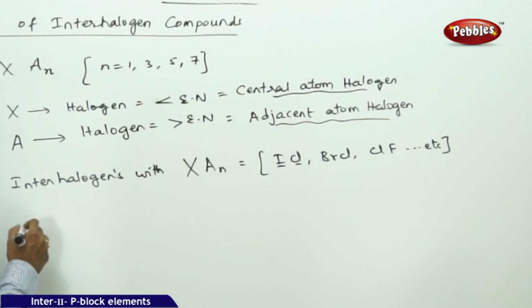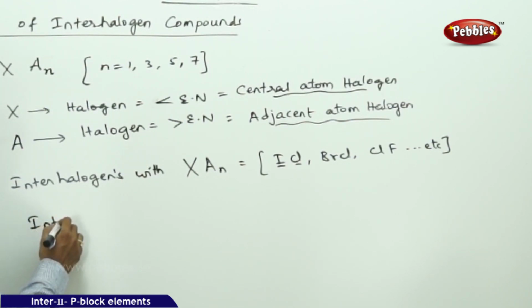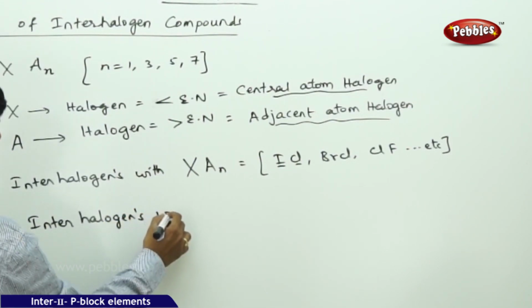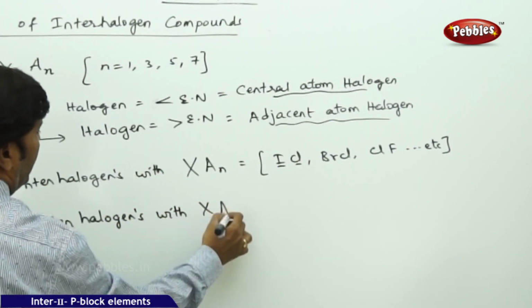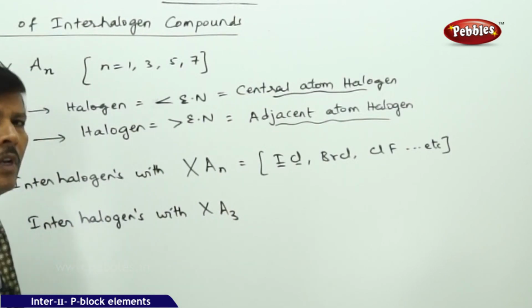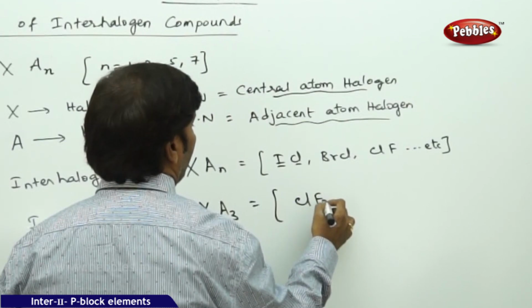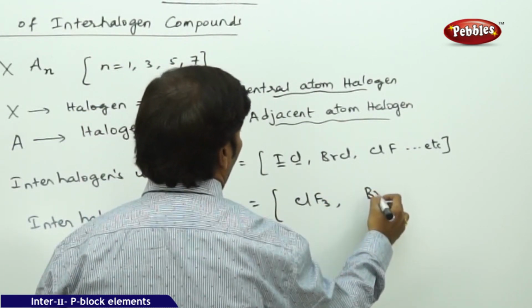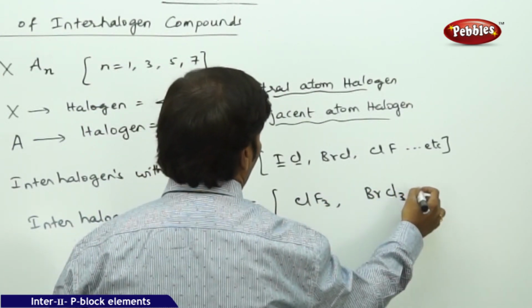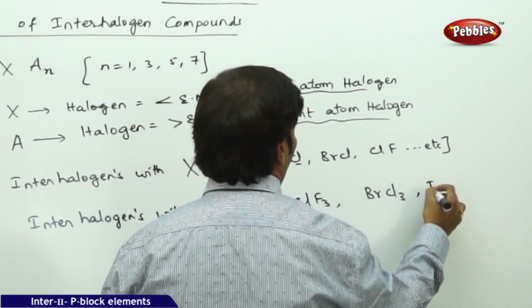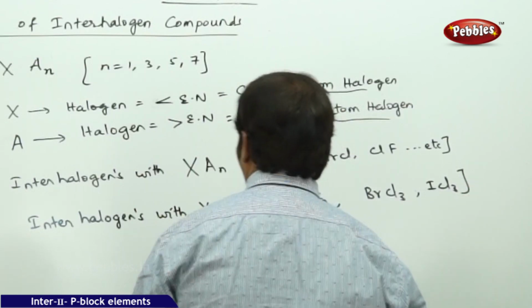Go for the second case, that is interhalogens with XA3. If you take XA3, the best example I can give you is ClF3. You can take BrCl3 or ICl3. These are the compounds.